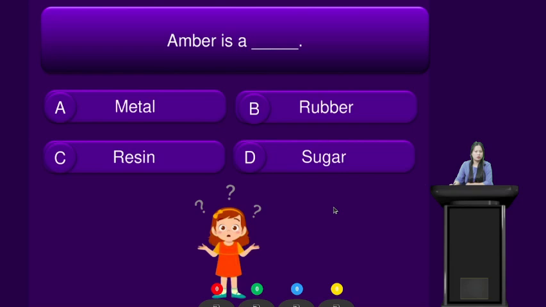I'm giving you 20 seconds to respond to this question. Your time starts now. Amber is a metal, or amber is a rubber, or amber is a resin, or amber is a sugar. So which of the following option is the correct answer? Yes, students.